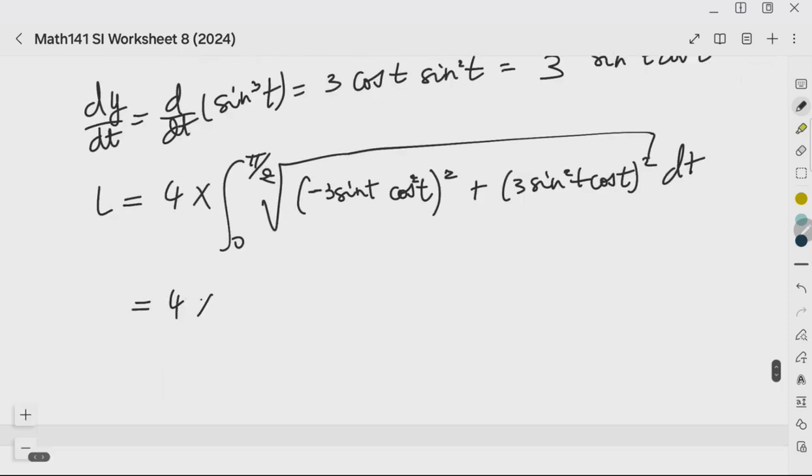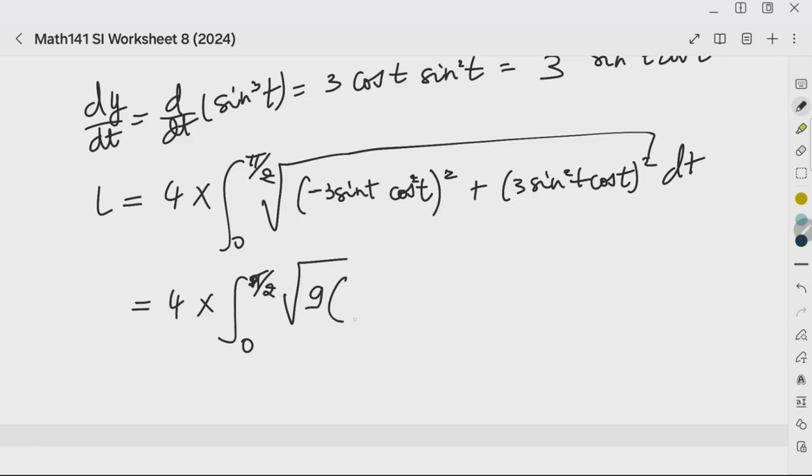We have 4 multiplied by the integral from 0 to pi over 2 of the square root of 3 squared, which is 9.